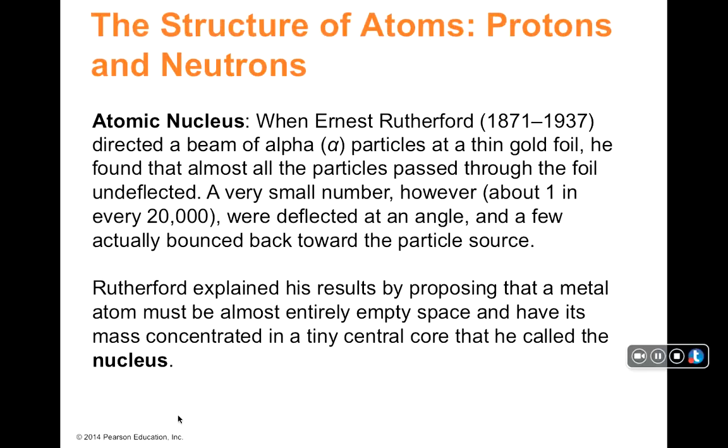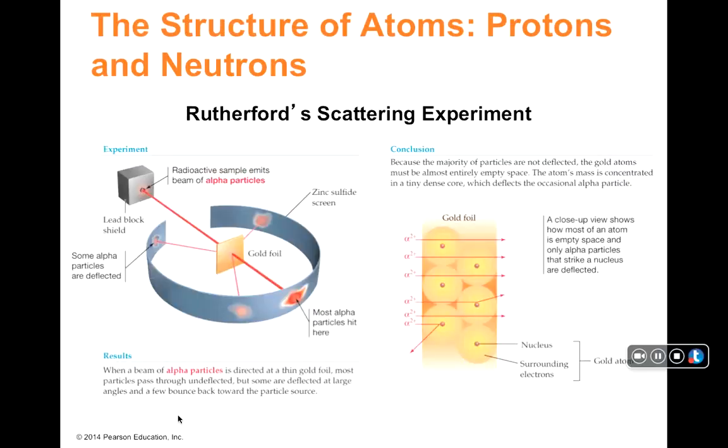So he explained that there must be something in that gold, so obviously these are atoms of gold, that's made up of empty space, and that there's some other part of it that's a concentrated mass that has a central core. He named that the nucleus, so he's known for discovering the atomic nucleus. And here's a picture of that experiment that he conducted.